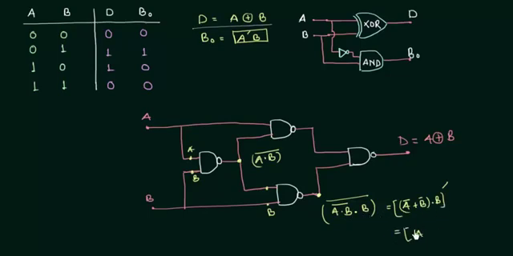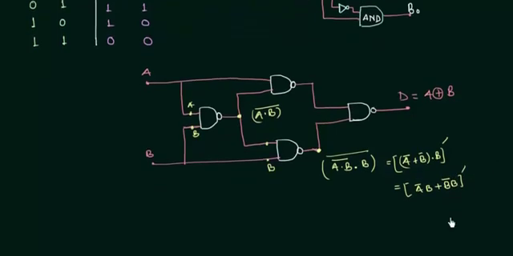So I'm having A complement B or B complement B and then whole complement. You very well know that B complement ANDed with B gives you 0. So you are left with A complement B and its complement. So the only thing I need to do is to complement it again. If I complement it again, I'm having A complement B.